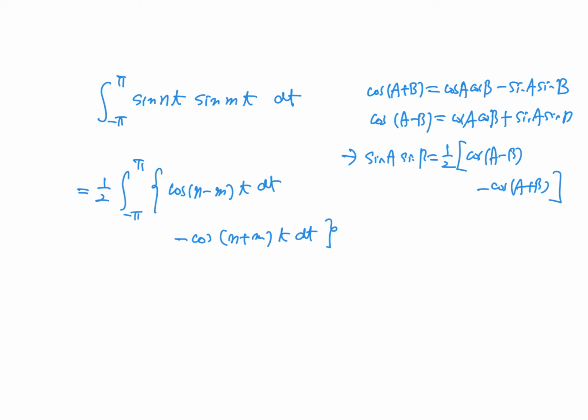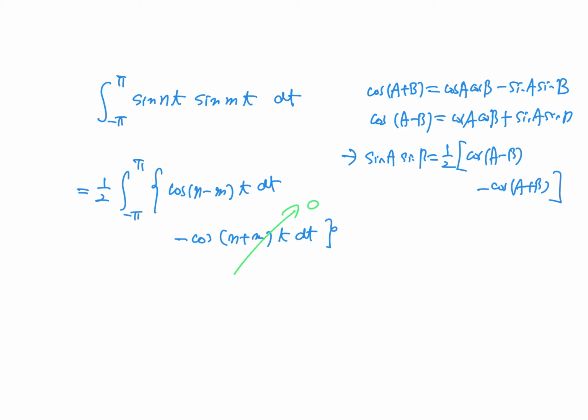So second integral is easy. If you integrate cosine of some integer times t over minus pi to pi, what do you get? 0, right? So this is always 0. But this you have to be careful, because in this case n minus m is different than 0, right?